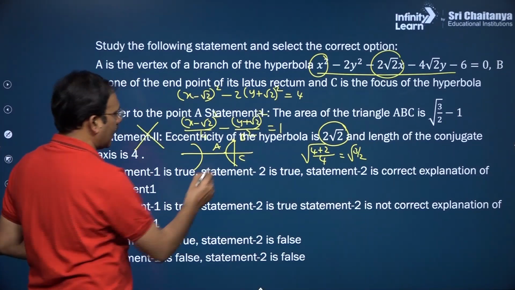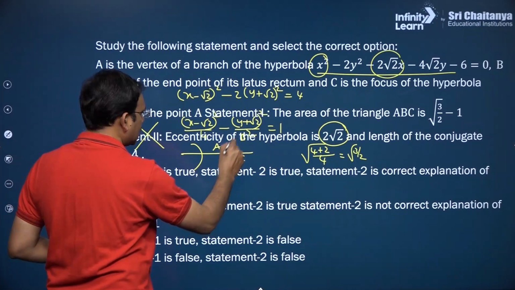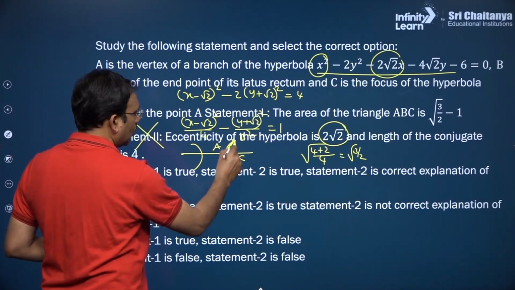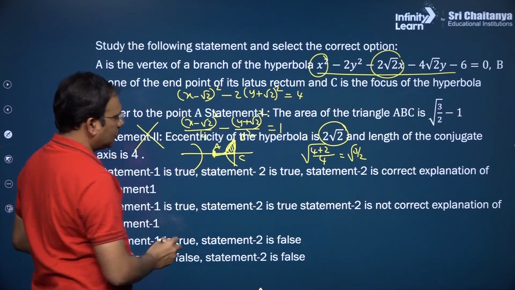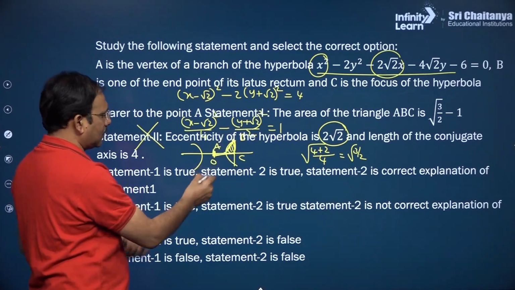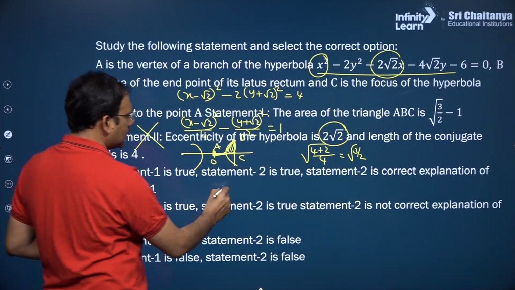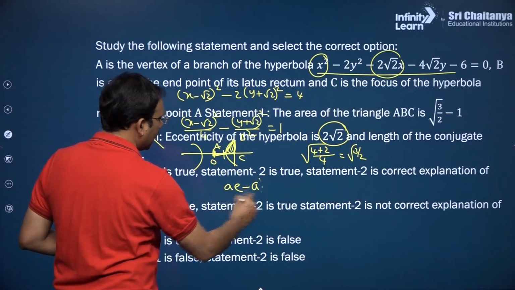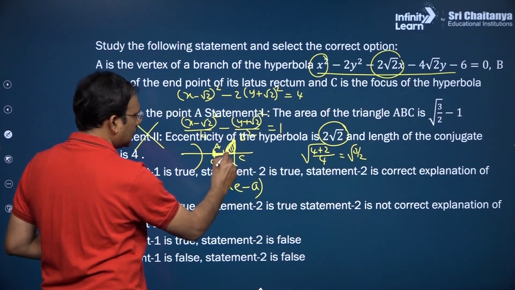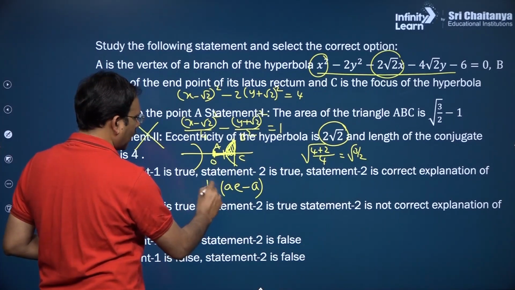Then the area of triangle ABC. Here is the center, suppose not the origin, some C. This distance is AE minus A, this is the base of the triangle, my dear friends.